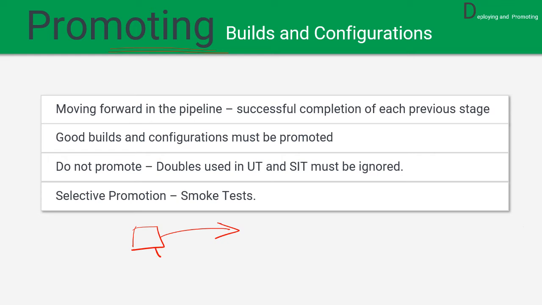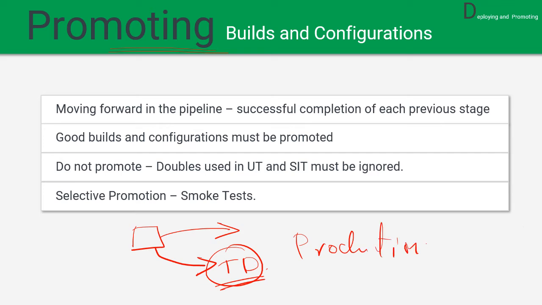However, you will never promote the test doubles that are associated with this particular build of yours, right? You don't want to promote the test doubles into production. We discussed this earlier. We don't want test doubles in production. We should replace these test doubles with the actual libraries. We should have configurations that can do that for us, the right configurations that can get the actual libraries, the actual objects, instead of test doubles.